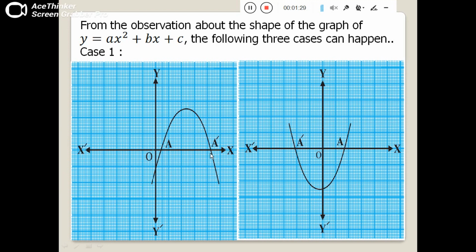But the important part is that this parabola intersects the x-axis at 2 points, in this case also, so it has 2 zeros.